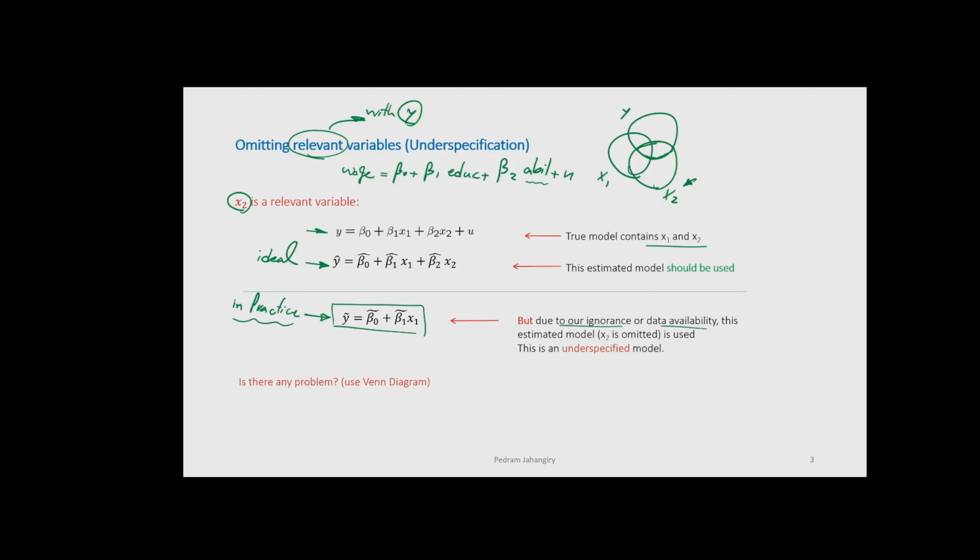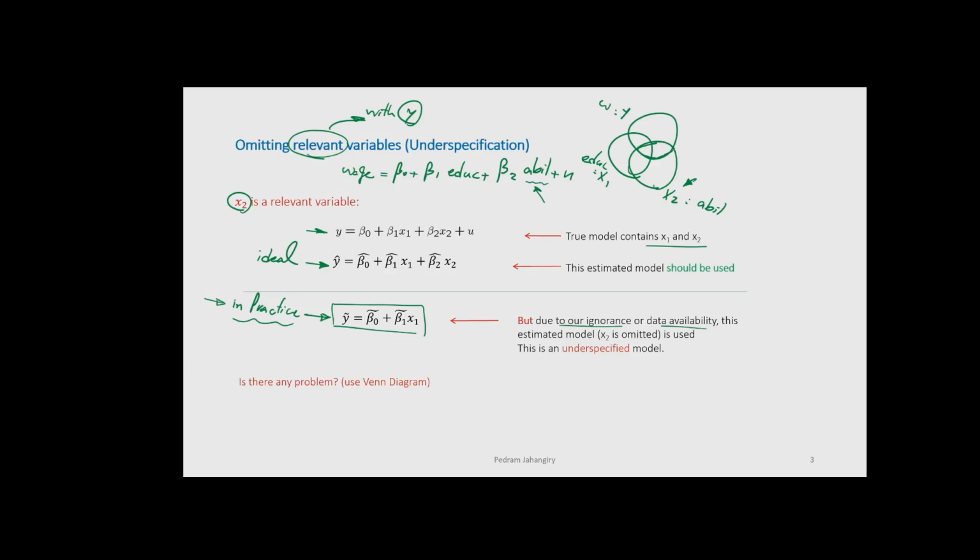So yes, in the hypothetical true world, we would love to have this ability in the model, but in practice, we cannot have that ability in the model, so we drop it. So again, this is your wage, this is your education, this is your ability. Let's drop this ability from the equation and see what will happen.